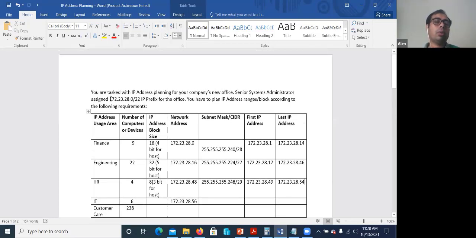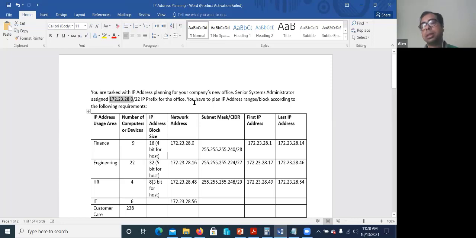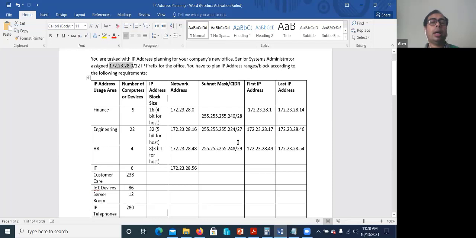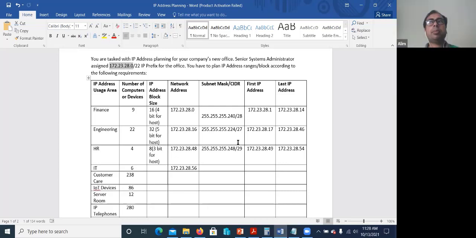Look, this 172.23.28.0, which class does it belong to? Normally it belongs to class B. Then if it is class B, what should be the default subnet mask? 255.255.0.0.